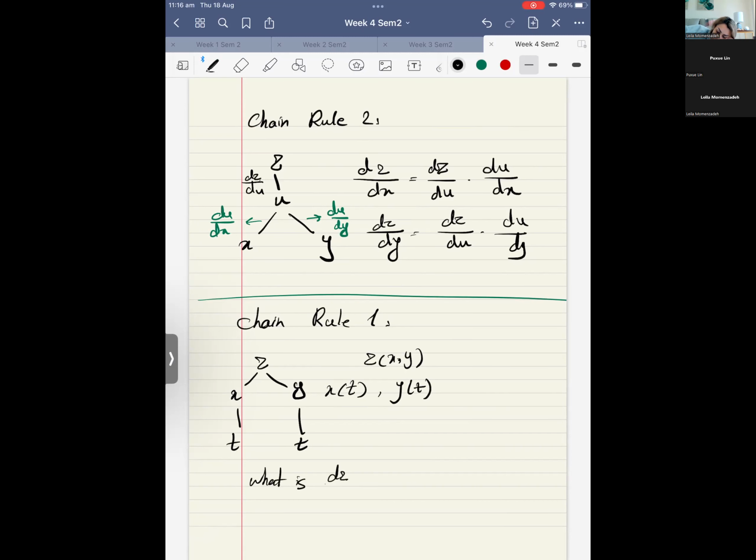Now we want to find what dz over dt is. It means the limit of delta z over delta t. We use the small change formula from the last session to find that.